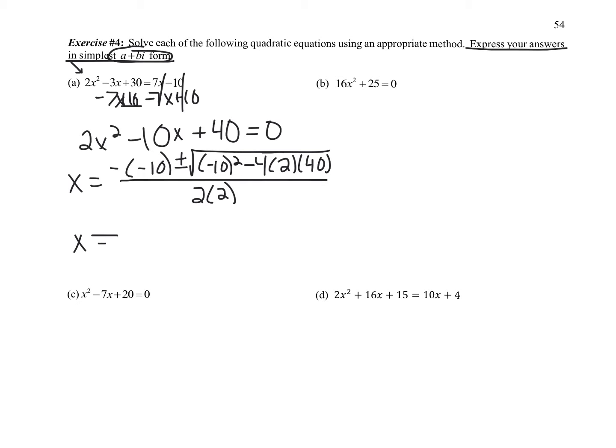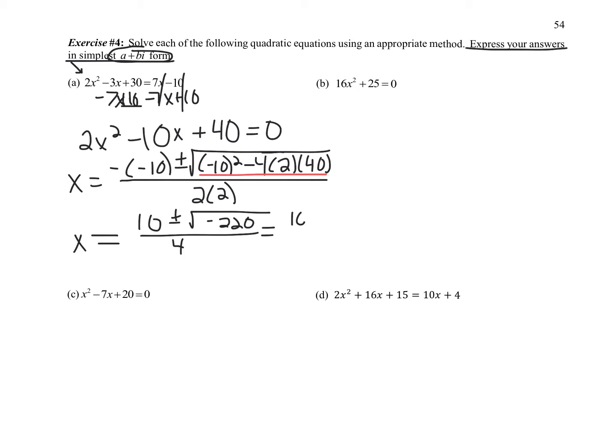So I'm going to just write down what it would be if we typed the discriminant in your calculator. So this number here evaluates to negative 220. So I have 10 plus or minus the square root of negative 220 over 4. The biggest perfect square that goes into 220 is 4.